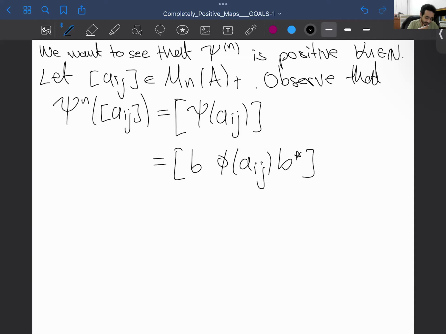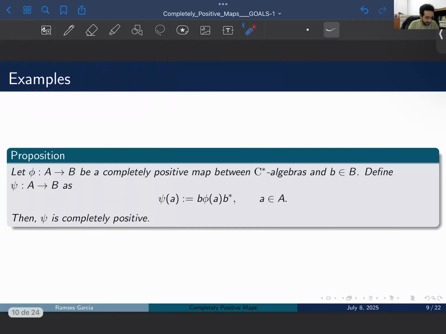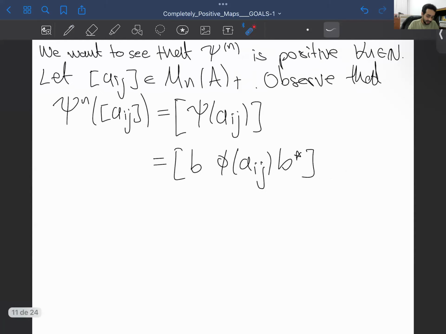So we have this matrix, and our hypothesis, I'm going to go to the last slide. Our hypothesis is that phi is completely positive. Therefore, this matrix is positive, but we have that matrix. We don't have that matrix. We are multiplying by these b's.